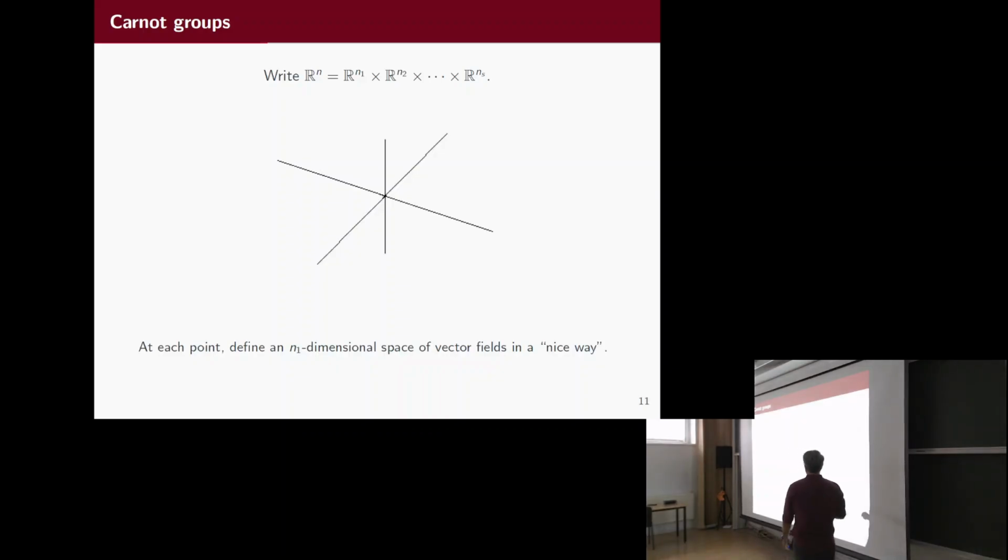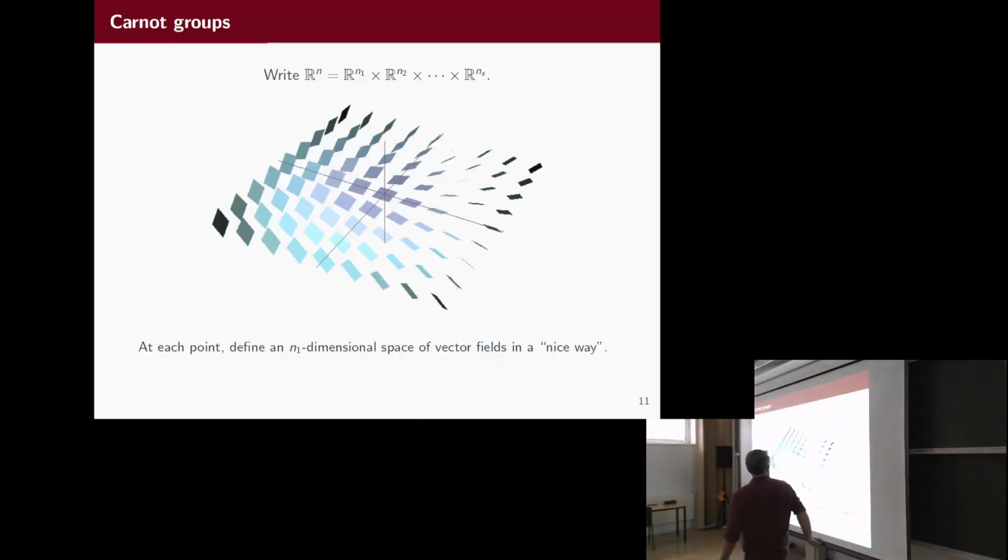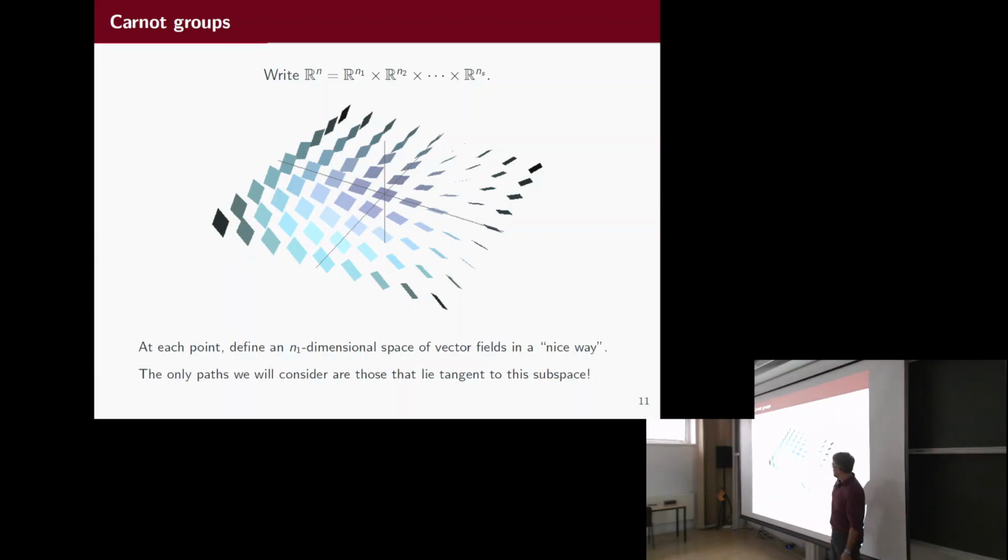We can define at every point an n1 dimensional space of vector fields. And so, for example, planes at every point in R3, right? The only paths we're going to consider are those that lie tangent to the subspaces that you see in this picture. And I'm going to talk about this more in a minute with a much more concrete example.